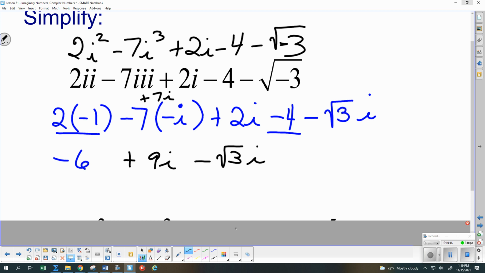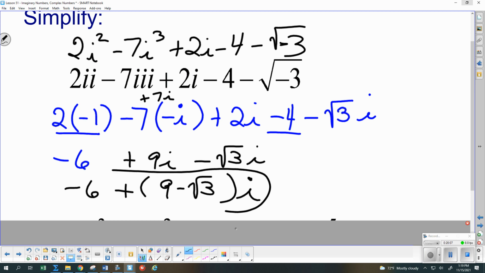So what I do is I keep my real part, I factor out my i and put parentheses in. And then inside of the parentheses is one real number, even though I can't simplify it any more than this. It makes one real number times i. So I'll leave that as 9 minus √3 all times i.